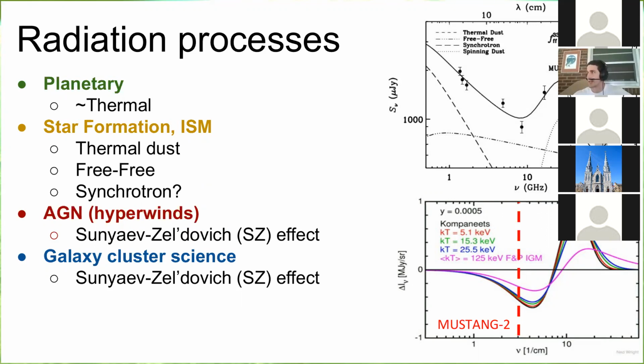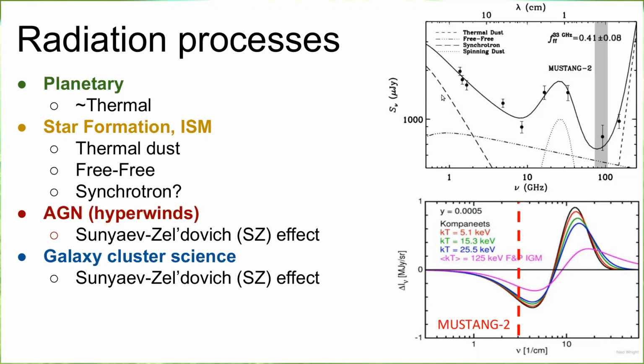You see a dashed line for thermal emission. Then you've got free-free emission. On this plot, it's shown as dot dashed. And then long dashed lines are synchrotron emission there. But depending on the characteristics of the object you're looking at, you could have any of those 3.